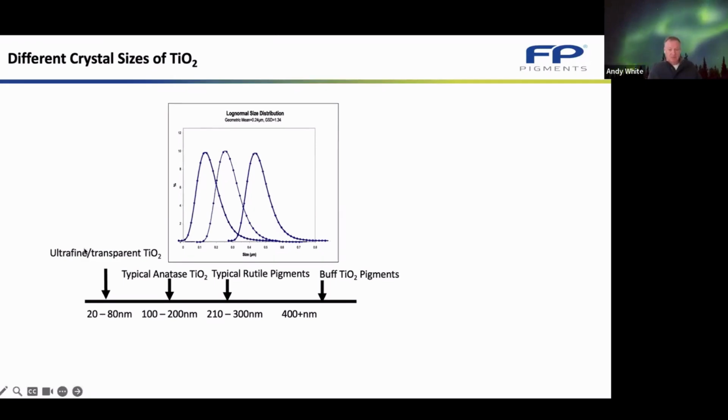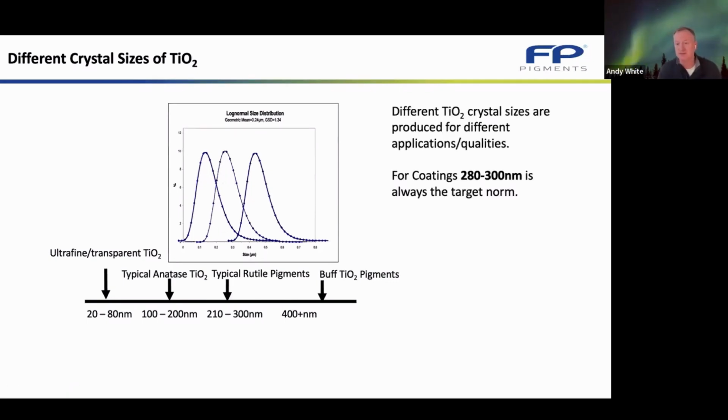And these are even smaller, almost nanomaterials. But the one that we're focused on for coatings is the one at 280 nanometers. Okay. And you'll find that on every data sheet that you look at, the D50 will be targeted at somewhere around about 280 to 300 nanometers as the target norm.